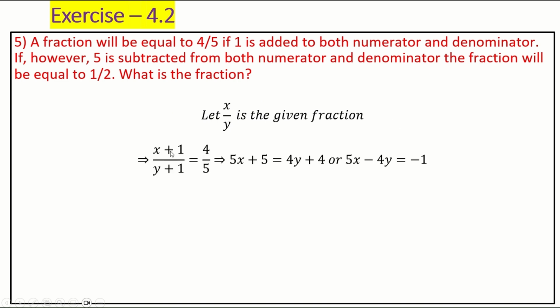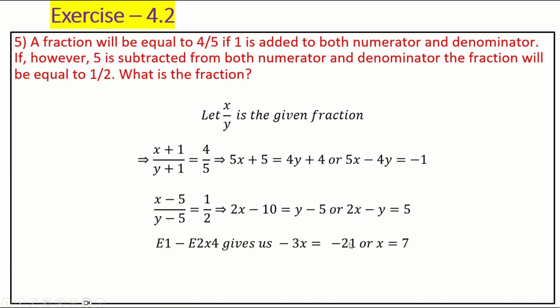So x plus 1 by y plus 1 equal to 4 by 5, so your first equation is 5x minus 4y equal to minus 1. And x minus 5 by y minus 5 equal to 1 by 2, so your second equation is 2x minus y equal to 5. You do the elimination method, you will get x equal to 7 and y equal to 9. So the given fraction is 7 by 9.